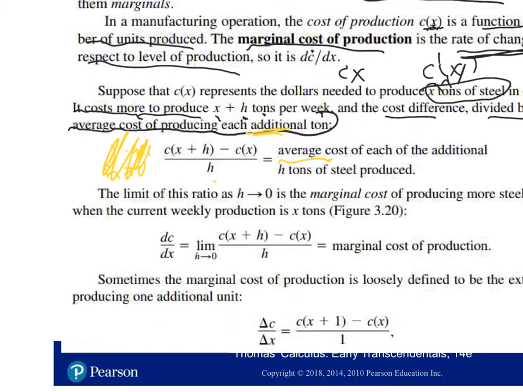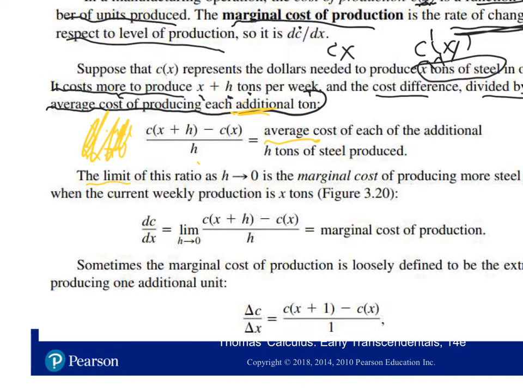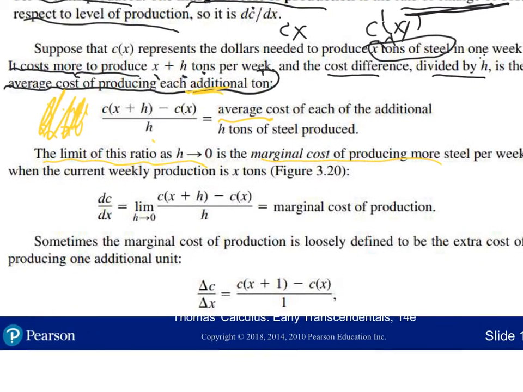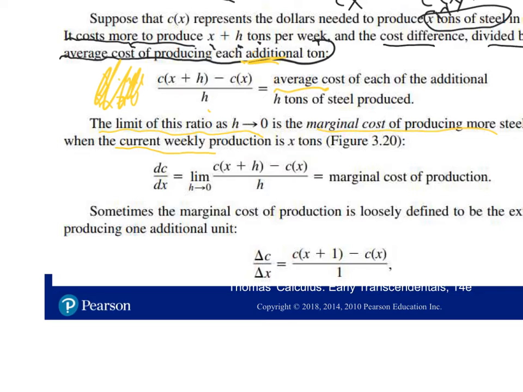And the limit of this ratio as h goes to 0 is the marginal cost of producing more steel per week when the current weekly production was X. So I always make 25, but what if I make 26? That extra X is going to have to be considered with this derivative of this average cost. Okay, so I do the limit as h goes to 0 of this.